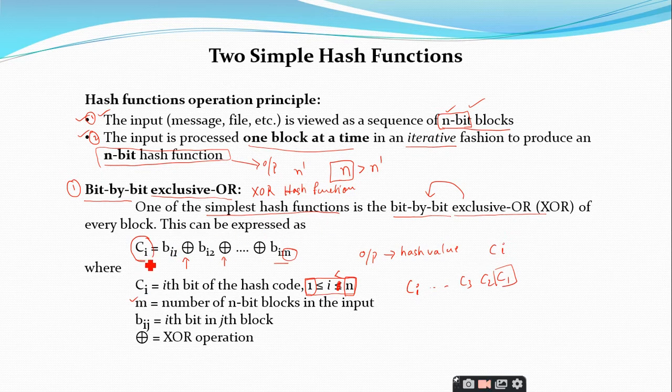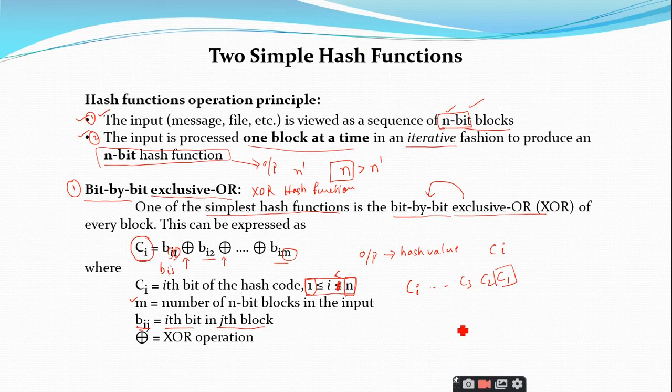See here, the Ci bit is generated from the Bi bit of the first block, exclusive OR with the Bi bit of the second block. This Bij represents the ith bit in the jth block. So Bi2 means the ith bit in the second block.